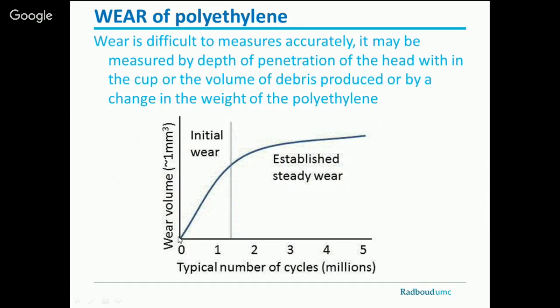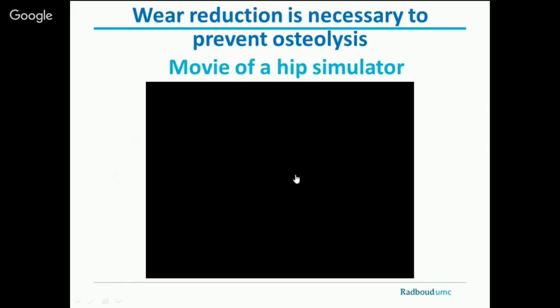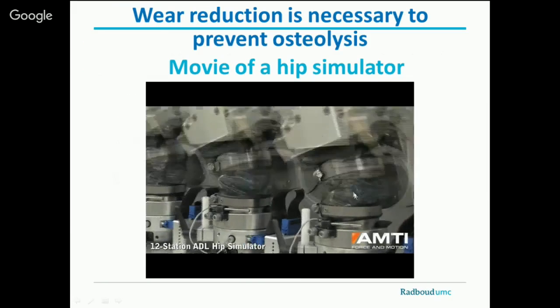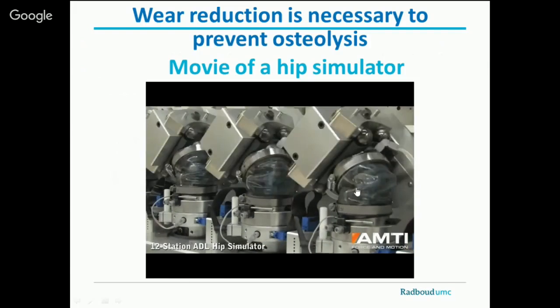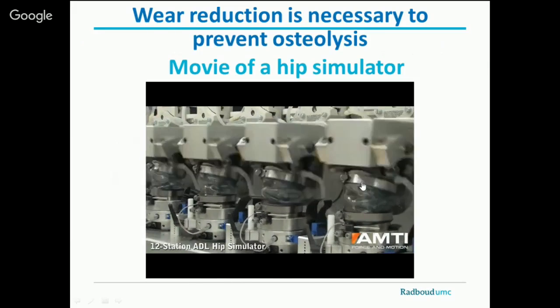And what you see then typically is that first the cup is wearing very quickly, and then there is a steady state. The steady state is about 0.1 millimeter per year, but now with the new plastics it's less. But it used to be 100 microns per year of penetration depth. So you can imagine that you can measure that. So this was the machine. You can hardly see the components, but you can take out the component and measure how much wear there is.